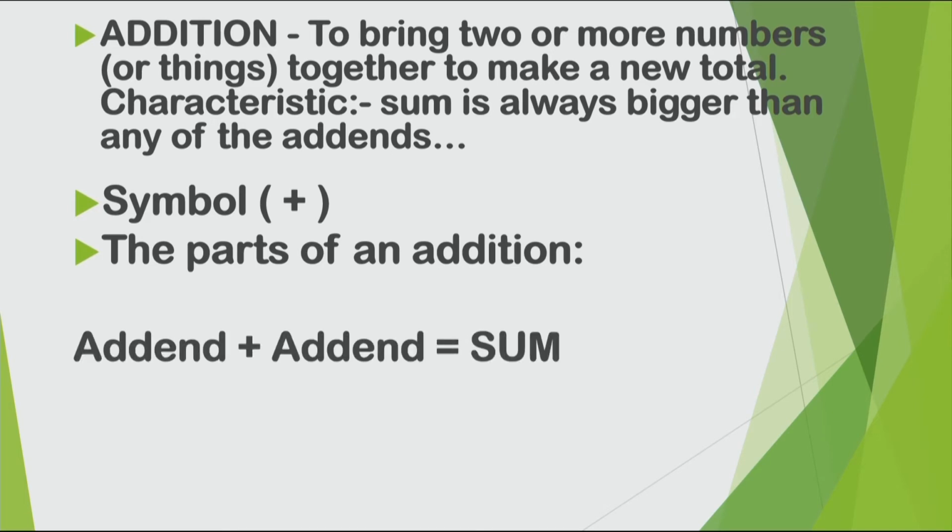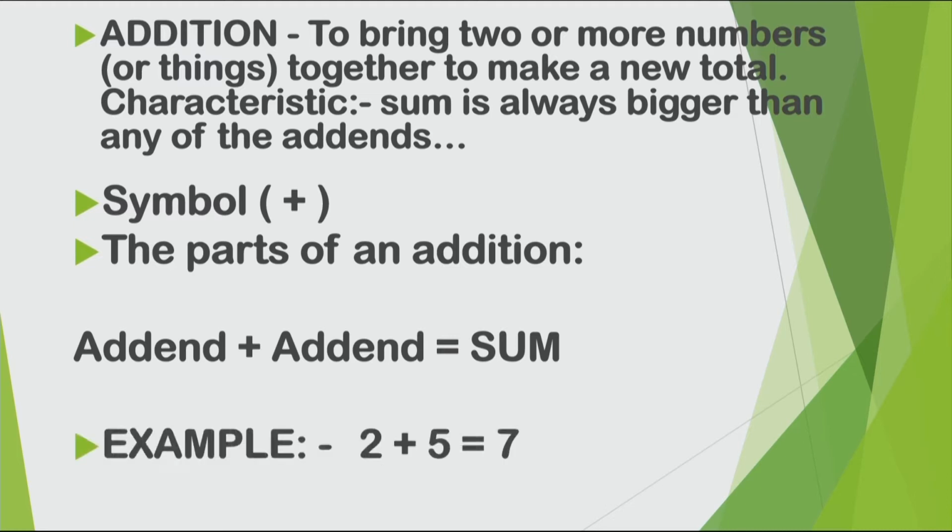An addend, add and addend will give you a sum. So addend plus addend equals sum. Example, 2 plus 5 equals 7. 100 plus 235 equals 335.